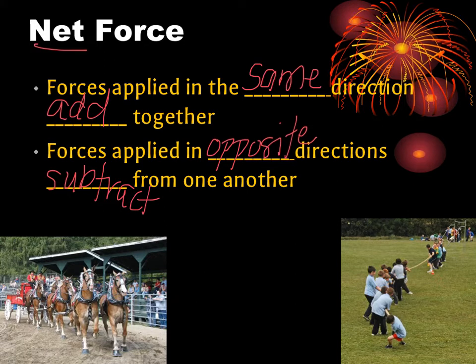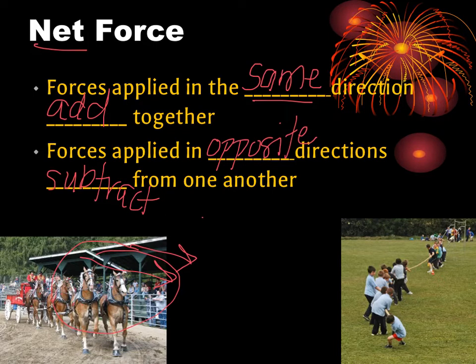So for example, over here with the horses, we've got the cart, and they're all pulling the cart in the same direction. Because they're all pulling in the same direction, I would then add all their forces together to figure out how many newtons they are using to pull the cart.